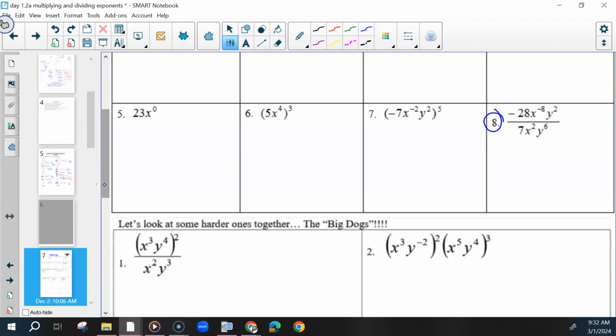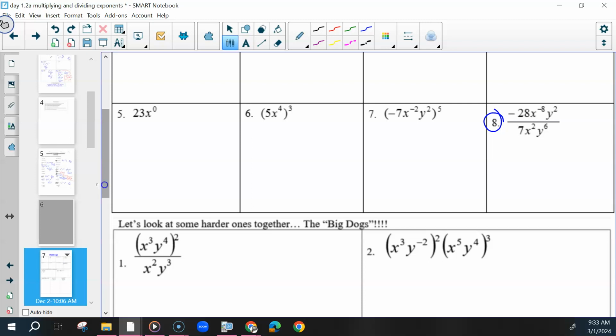Adding, subtracting, multiplying, dividing. Multiplying. Anything else? Dividing. And dividing. So if we were multiplying and we had like bases being multiplied, we would be adding the exponents. But because we're dividing like bases, we're going to do what with the exponents? Subtract. So those are the questions you need to be asking yourself when you see a problem. What's happening? What do I need to do with the exponents?